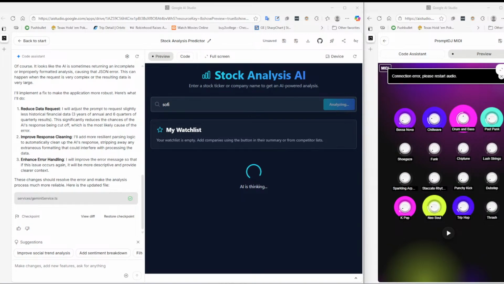All right, let's see what we get for SoFi. It's gonna be searching. All right, so I can play my music in just a second, but let me see if I can get SoFi stock to populate some information here.